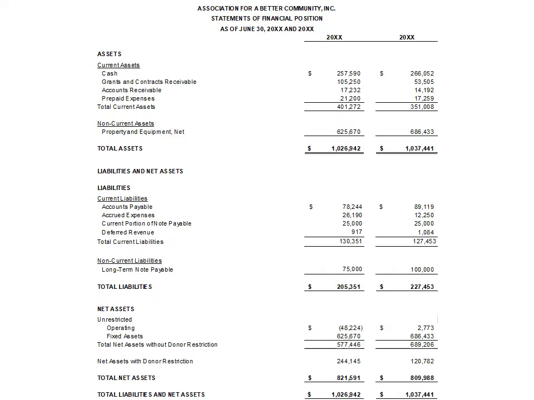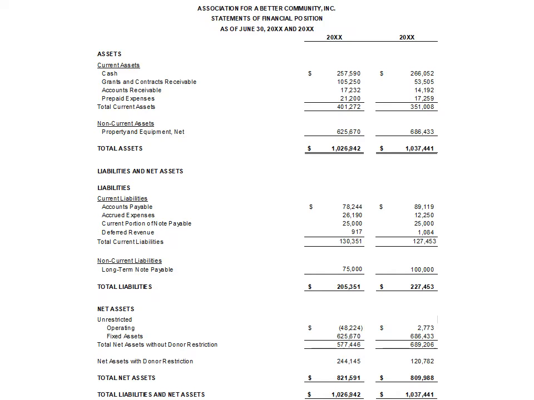So looking back at the balance sheet, in order to figure out what our actual reserve position is, what our liquid unrestricted net asset number is, we begin with our unrestricted net assets, which again in this most recent year is $577,000.